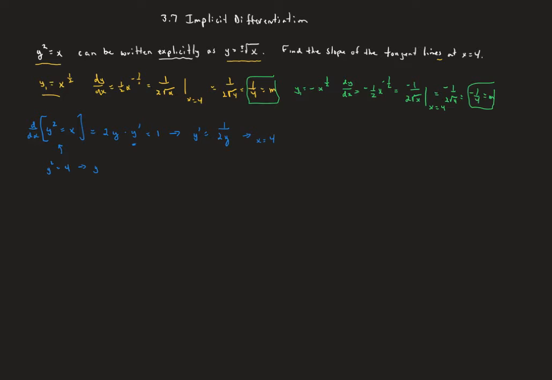And here is where we're going to get, it can be either a positive or a negative 2. And so that's how we're going to get that y prime is, in one case, going to be 1 over 2 times 2. There's our 1/4. And in the other case, it's going to be 1 over 2 times negative 2, which is the negative 1/4. And so we get the same answers either way, and that's supposed to give you some kind of confidence or trust in the process, in the fact that it works.